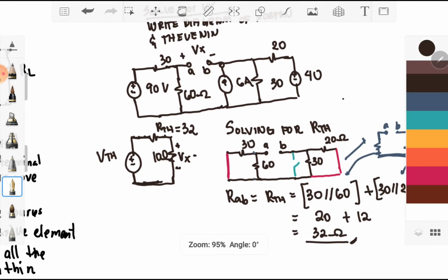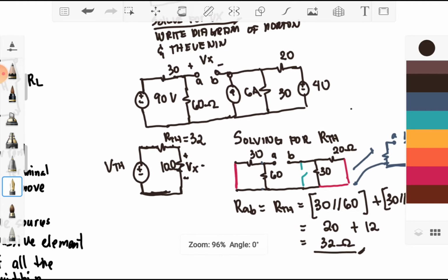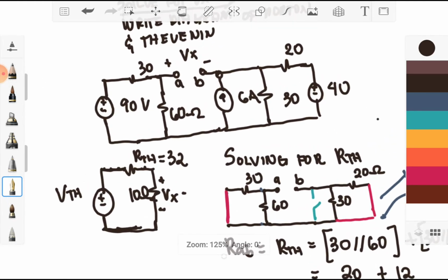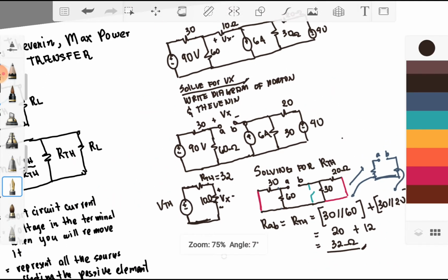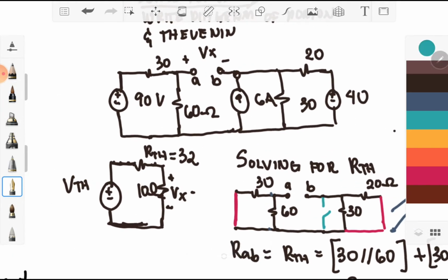So how will we solve for our Vx or Vth? Okay, let us focus on this figure. You see that this is already open, which means that there will be no current passing through this circuit. Pwede na lang dyan is yung voltage of your 60 ohm, and then the voltage of your 6 ampere, which is parallel with your 30 ohm.